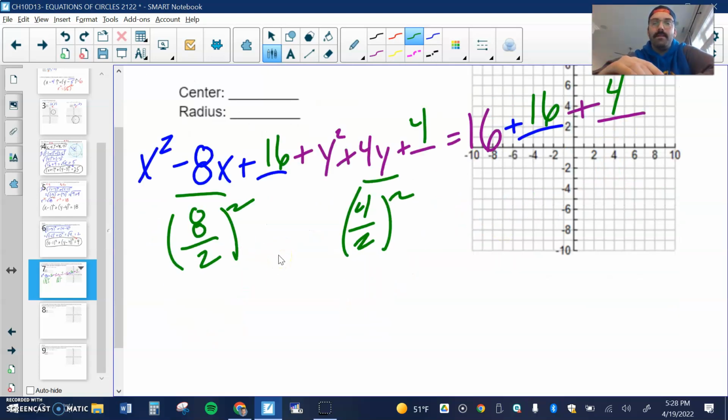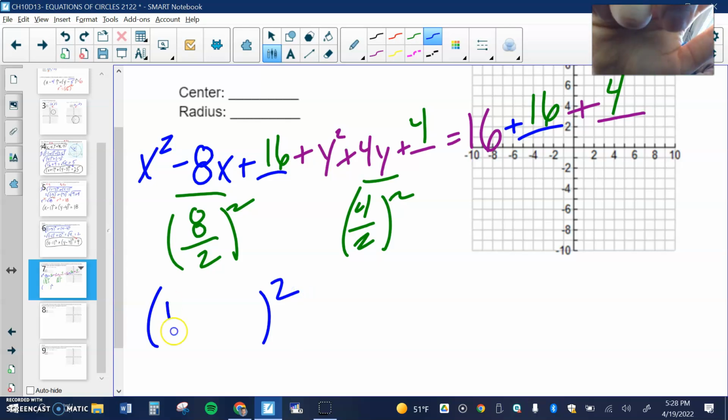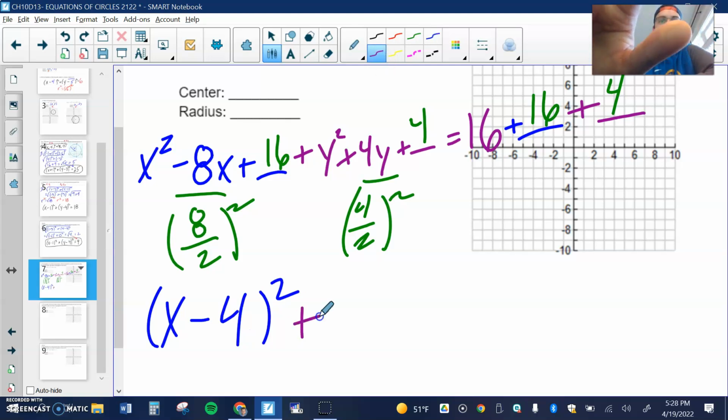Okay? Now the tricky part. That's not necessarily the tricky part. What happens here? Well, this is still x. So this is a negative 8. It's negative. What was negative 8 divided by 2? It was 4. Plus y. This is a positive 4, so it's positive. What was 4 divided by 2?